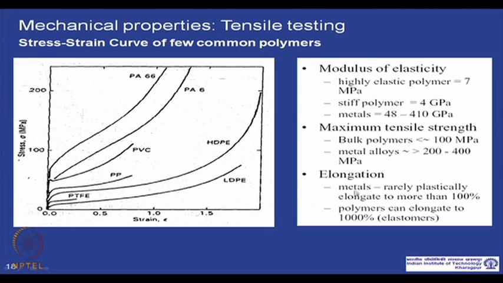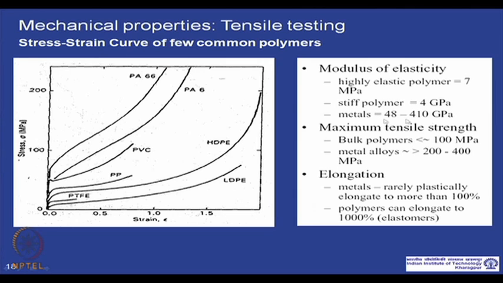Now, just to compare the values of the polymers with metals. For example, highly elastic polymers like rubbers have low modulus, typically about 7 MPa. Stiff polymers have higher modulus, about 4 GPa, and metals are much higher. If you compare a polymer and metal, metal has a much higher modulus.